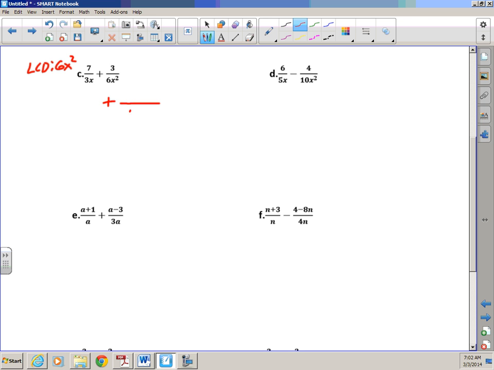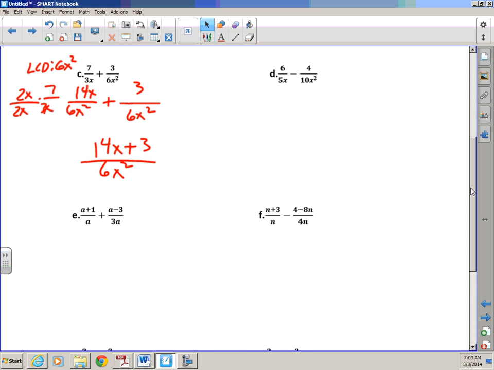So that means the first one will stay as 6x squared, and this one has to be multiplied by 2x over 2x to get me 14x over 6x squared. And simply put, I just write the numerator as 14x plus 3 over 6x squared.